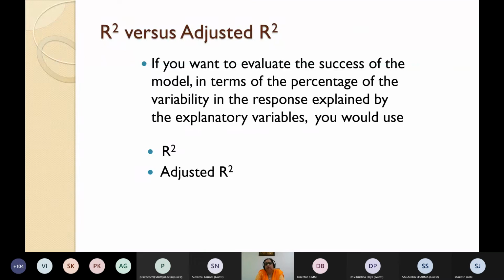Now let's take up a small quiz. If you want to evaluate the success of the model in terms of the percentage of variability in the response explained by the explanatory variable, will you use R square or adjusted R square? We shall be using R square.